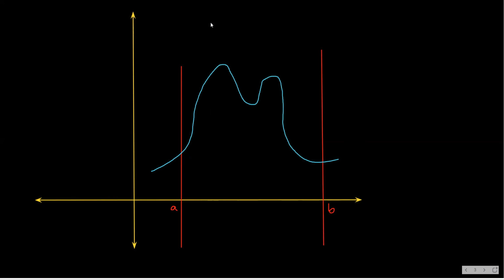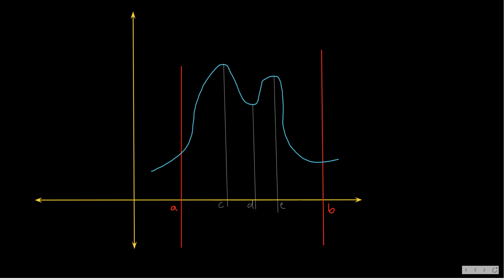Now what we notice? We notice that this is f of A, this is f of B. The function is changing its behavior at 3 points this time. See, this is 1 point, this is second point, and this is the third point. Okay, I call them as C, D, and E.